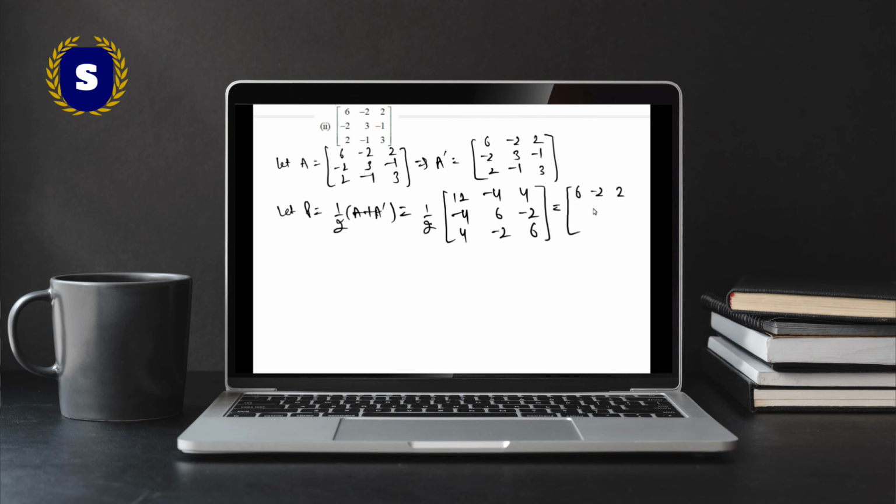6, minus 2, 2, minus 2, 3, minus 1, 2, minus 1, 3. This is a symmetric matrix. We can observe it.